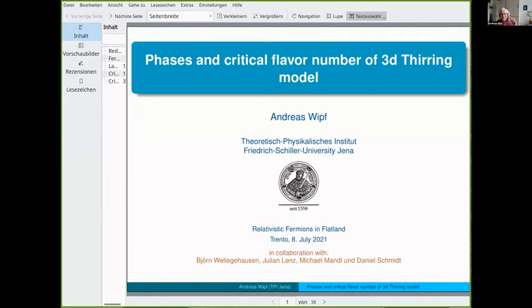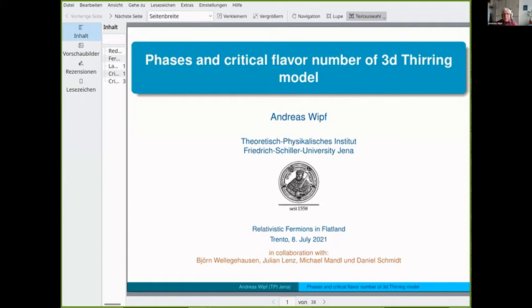So, thank you. It's really a pleasure to give this talk at this interesting meeting at the interface between, if you want, condensed matter physics via quantum field theory up to particle physics. It's exciting years, I would say. So I want to talk a bit about some problems we encountered by studying three-dimensional Thirring models.